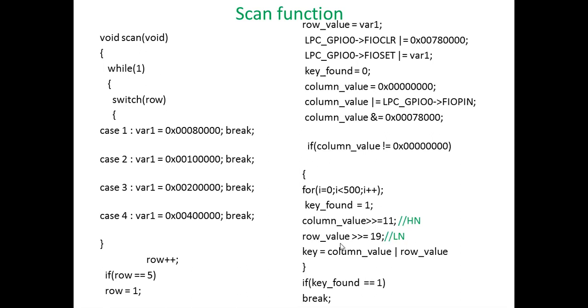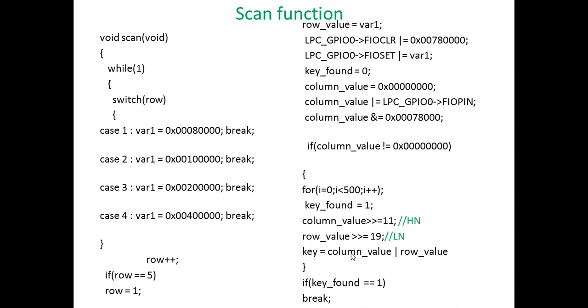In order to frame the higher nibble and the lower nibble, the value stored in the variable column value should be right shifted by 11 positions, so that it frames the higher nibble of the 8 bits. Similarly, the row value should be right shifted by 19 positions, so that it frames the lower nibble of the 8-bit number.